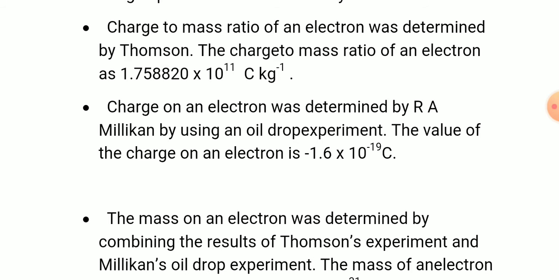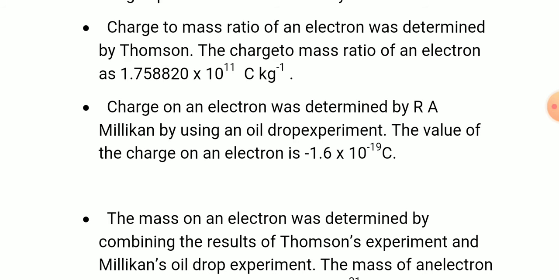And next point, the charge of an electron was determined by Millikan. Which scientist discovered the charge of the electron? The answer is R.A. Millikan, by using an experiment known as the oil drop experiment.